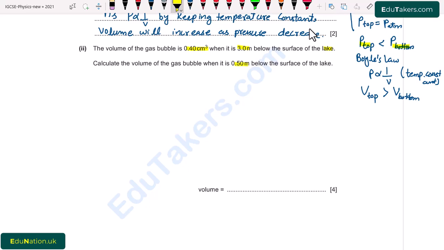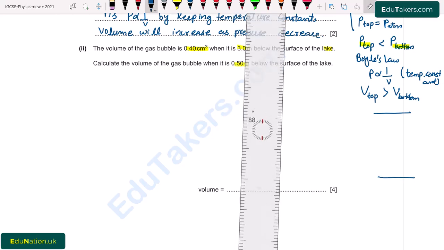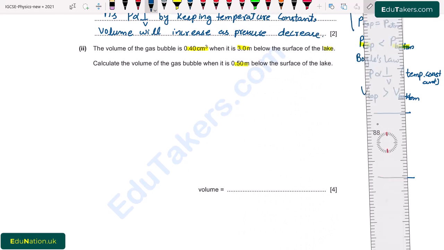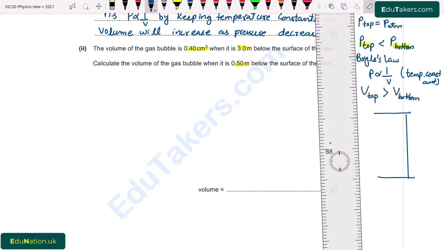So here we have to calculate the volume. First of all, I consider two levels of the lake. First is this and second is this. And the height of this is 3.0 meters.